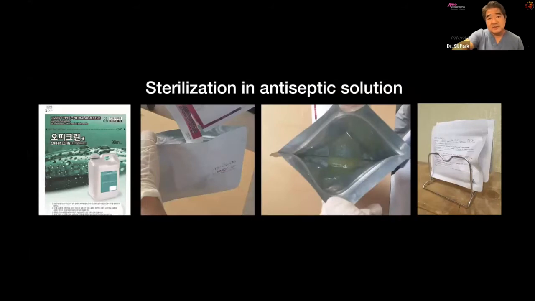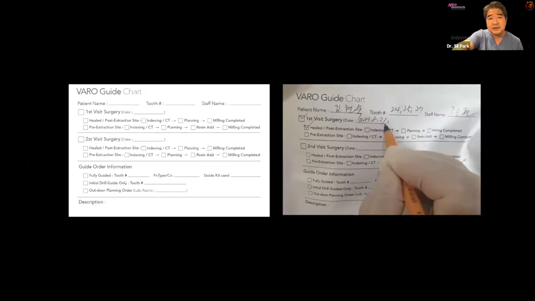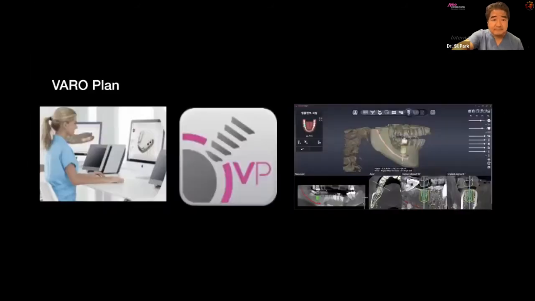So once the CBCT is done, you take this guide from the patient's mouth, and then you can put the sterilizing solution inside of the pouch, and then you can put your guide in it, right? And also, in this case, I wrote in Korean, you can write the patient's information on the pouch itself. So you're going to keep it while you are doing the planning and also the milling.